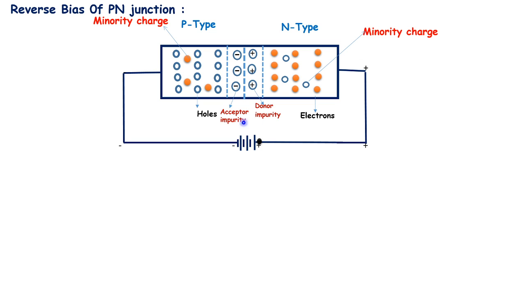As soon as we switch on the battery, what happens? The holes are attracted to the negative terminal and the electrons are attracted to the positive terminal of the battery, like this.